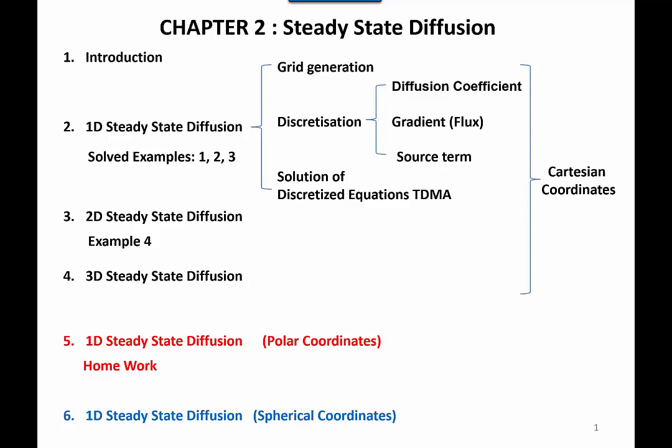Then we will give you an idea and the solution method for the polar coordinate system for the one-dimensional steady-state diffusion, and we will give you a homework after we discuss how to discretize such a problem. Then we will end this chapter with the spherical coordinate system, of course the one-dimensional steady-state diffusion, and we will take a few unsolved projects as practice for your homework.